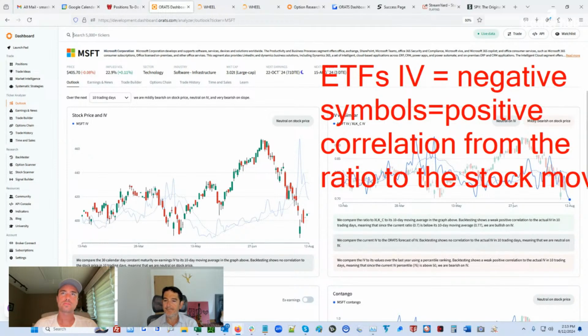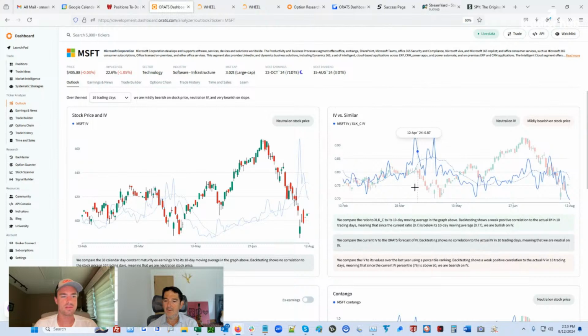Yeah. I think it is important to look at each individual symbol to see the strength of the correlation, which we measure here in the Outlook tab. We give some explanations of it. Actually, the ratio to the best ETF is just one of the things we look at.